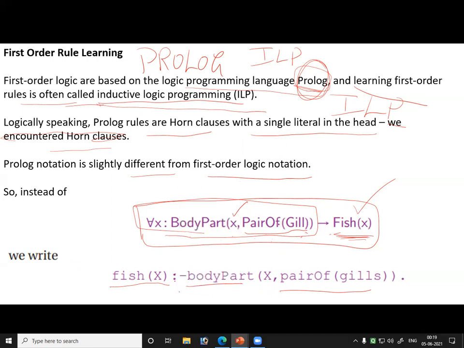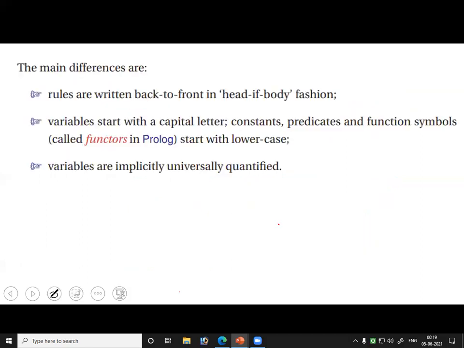This is the definition. Let us see some more differences between Prolog and first order logic. Rules are written back to front in the form of head if body. Head if body.